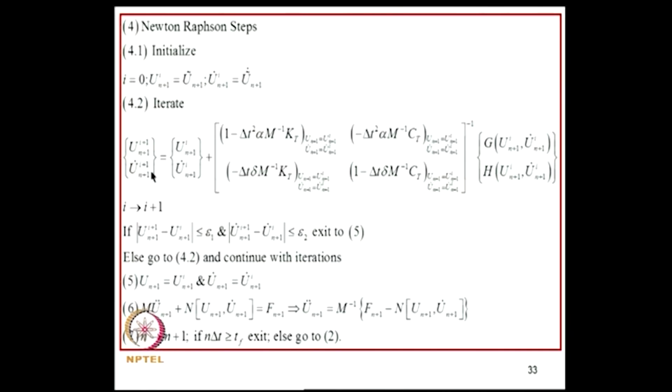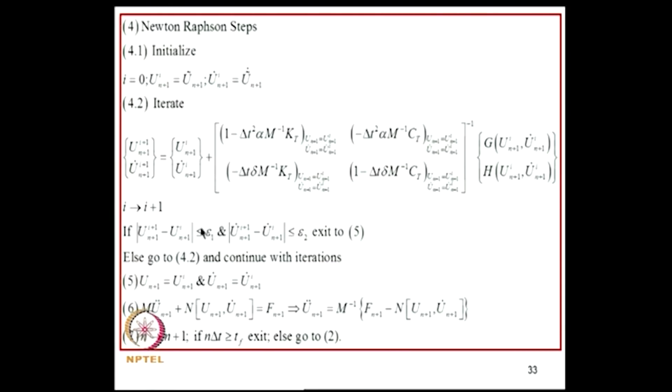Now, iterations begin. I use this relation, which is the Newton-Raphson relation, and increment I, and then I see whether the algorithm has converged by using epsilon 1 and epsilon 2 as measures of convergence. If this is satisfied, we exit the iteration loop, otherwise we go to 4.2 and continue with these iterations.